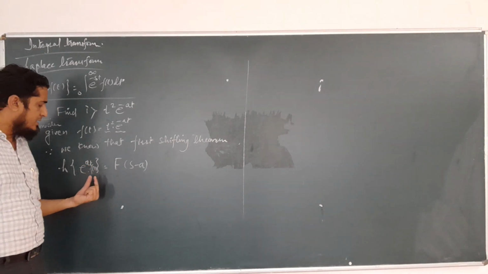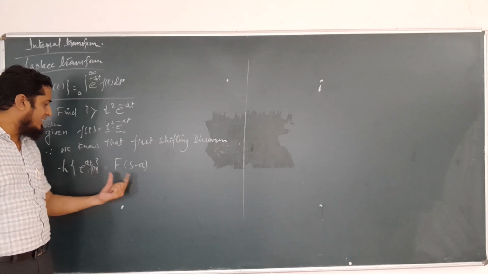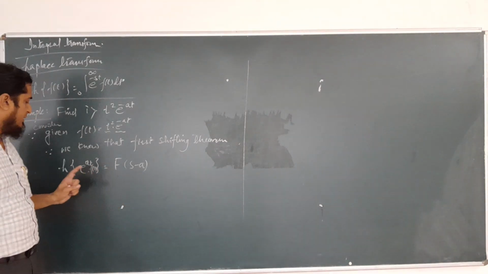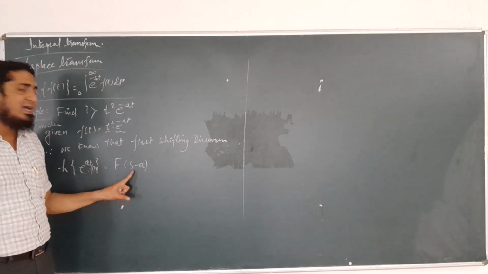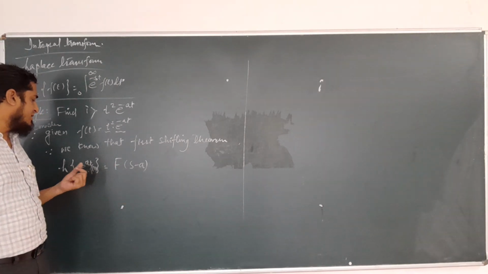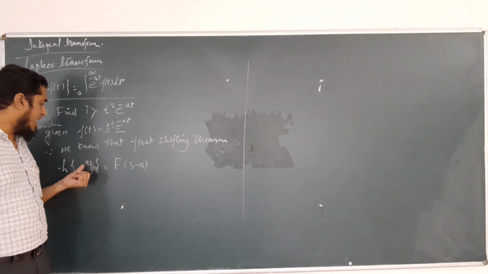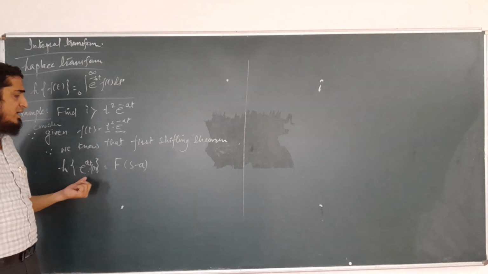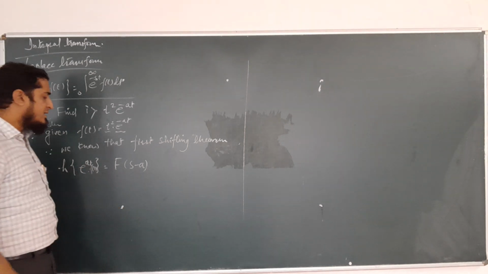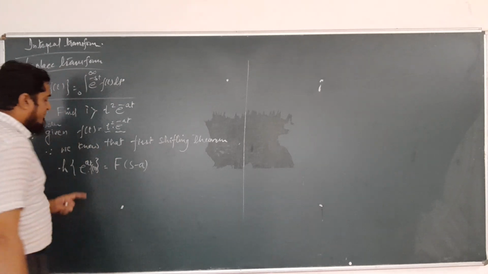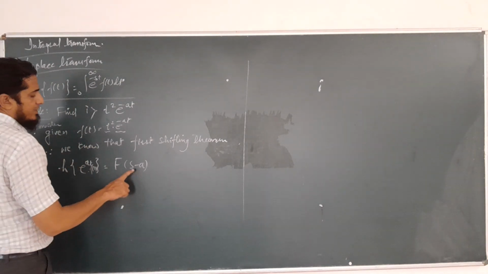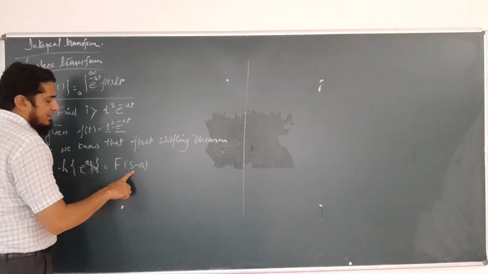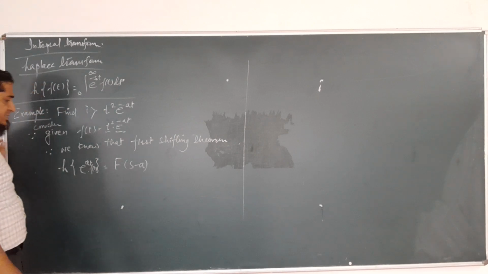When we get the Laplace transform of f of t as f of s, we replace s by s minus the exponential power of e. We subtract the power of e from the parameter s in the answer.